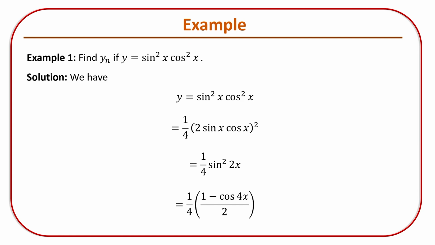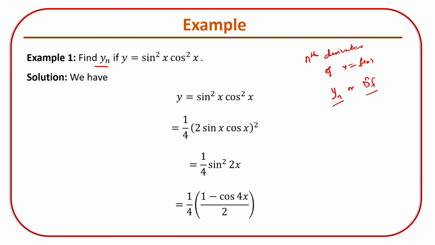So, the first problem says: find out the nth derivative yn. I think you have remembered the symbols of the nth derivative. For the nth derivative of y equal to f of x, we had used yn or dⁿy/dxⁿ.